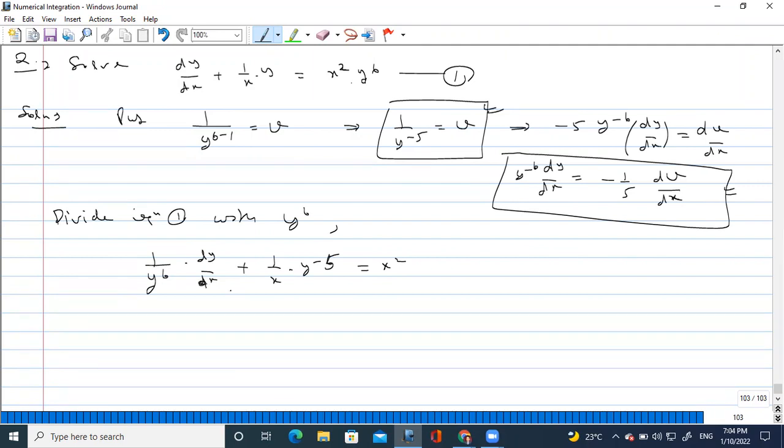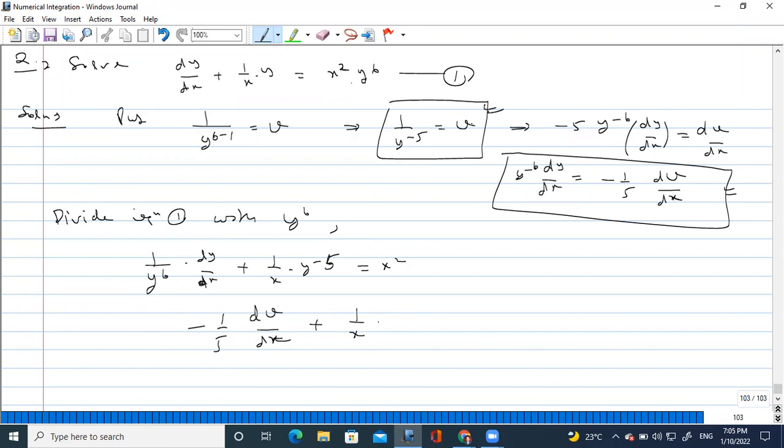Okay, so it will become minus 1 by 5 dv by dx plus 1 by x into y to the power minus 5.